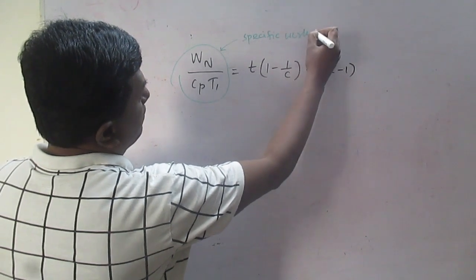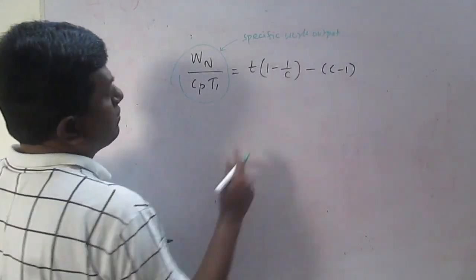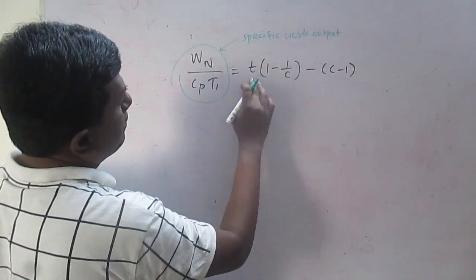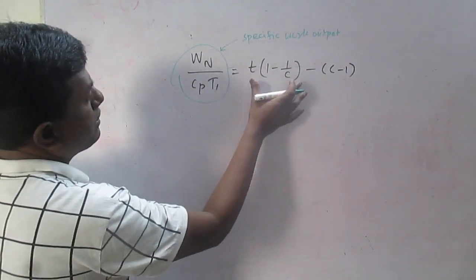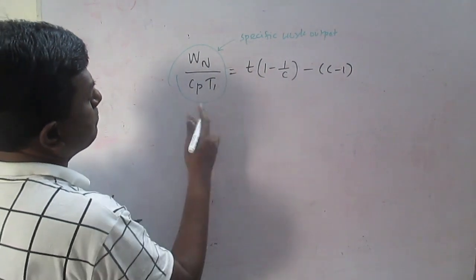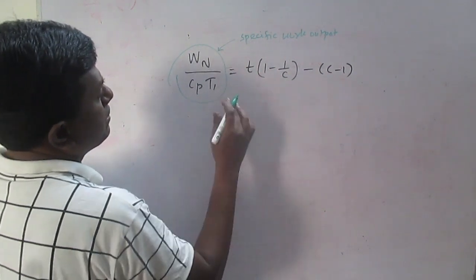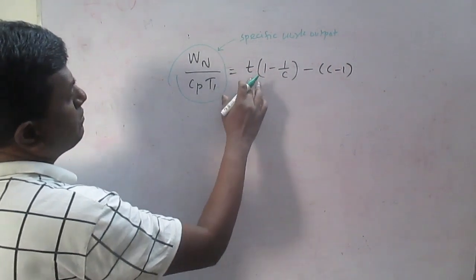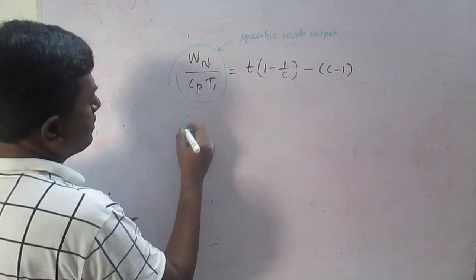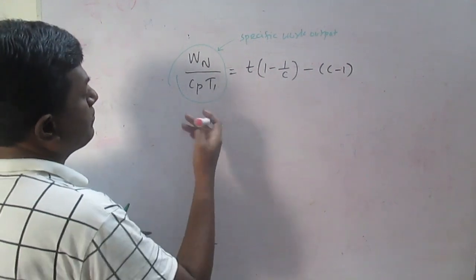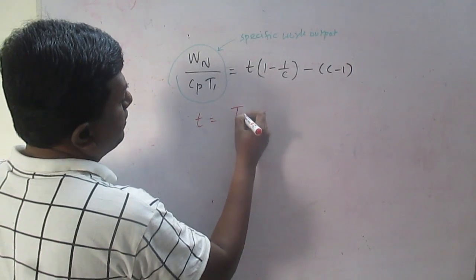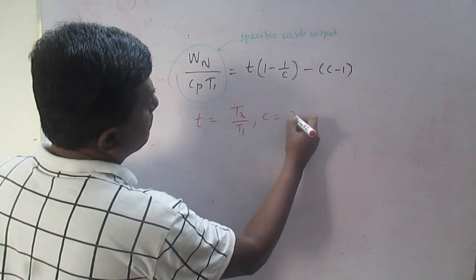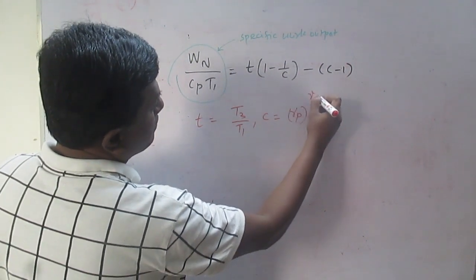Now what we need to understand is how the specific work output is a function of T and C. From this formula we can see that specific work output is a function of T and C. T is nothing but T3 by T1, and C is nothing but Rp power gamma minus 1 by gamma.